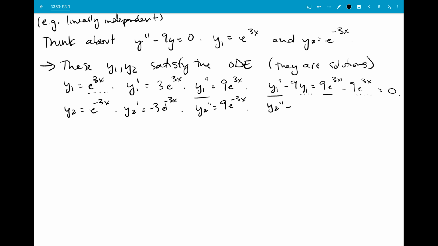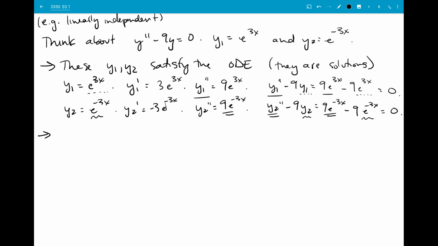So then y2 double prime minus 9 y2 is going to be 9 e to the minus 3x, where I was plugging in y2 double prime, which we calculated right there, minus 9 e to the minus 3x, where I was plugging in y2, which was e to the minus 3x. And that's 0. So both of these functions that I told you are solutions are solutions to the differential equation.